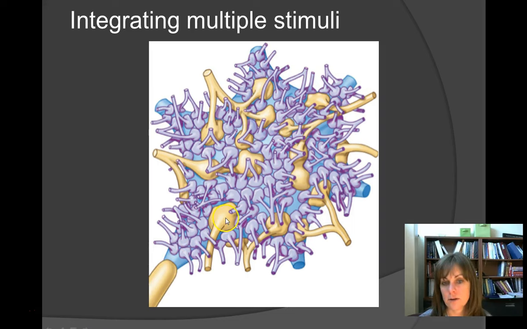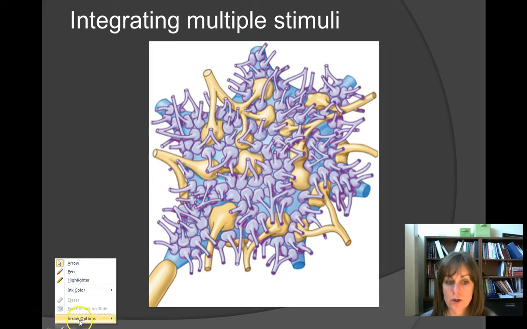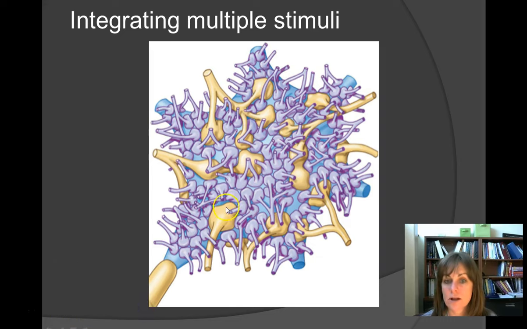The other tan little things that look like sticky feet or suction cups are actually presynaptic neurons. Those are the axon terminals of the presynaptic neurons. And here's one presynaptic neuron, here's another, here's another over here.